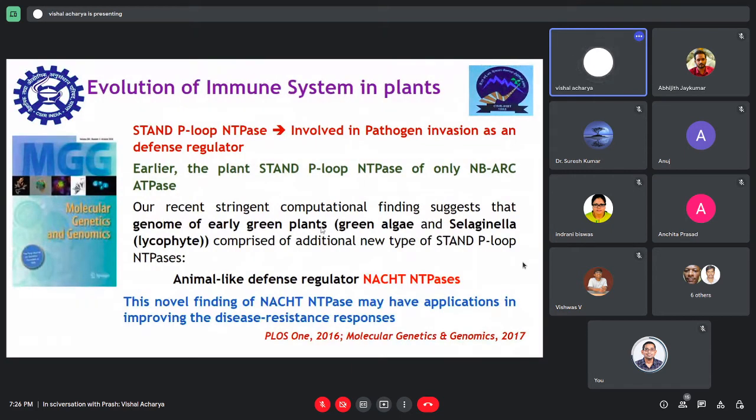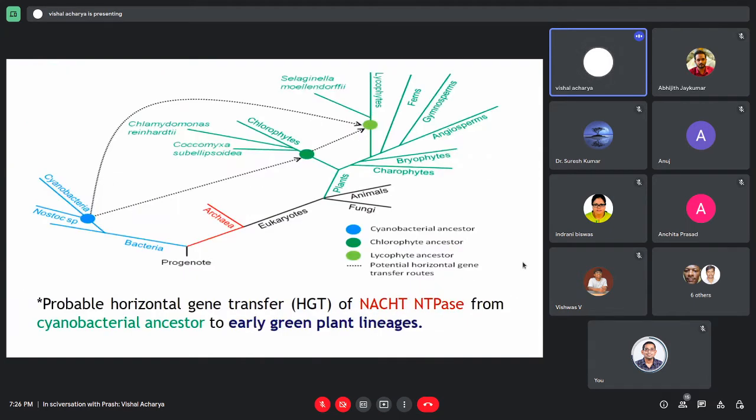So we got a picture that it may be due to horizontal gene transfer of some NTPase from cyanobacteria, because it was present in cyanobacteria and early green plants. But this was all lost in other plants. It was lost because we found the reason that they might have an extra immune system.